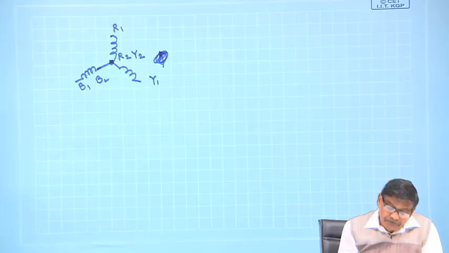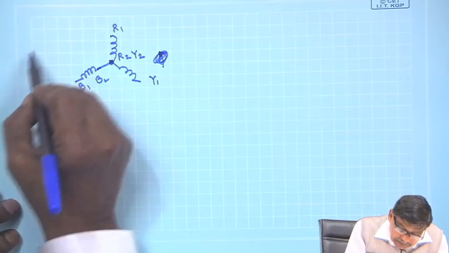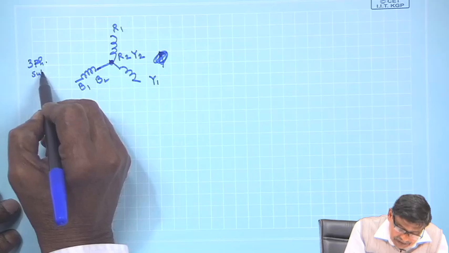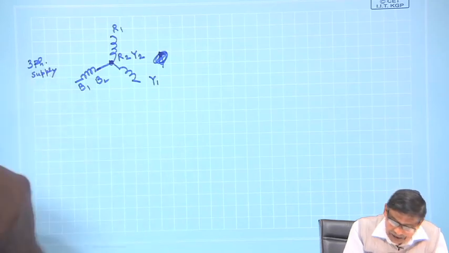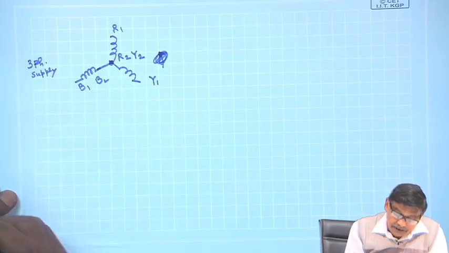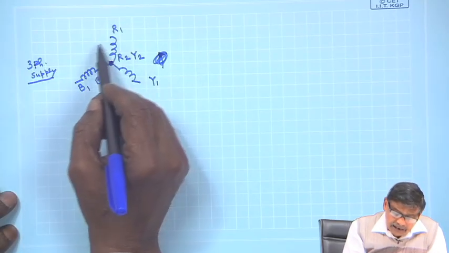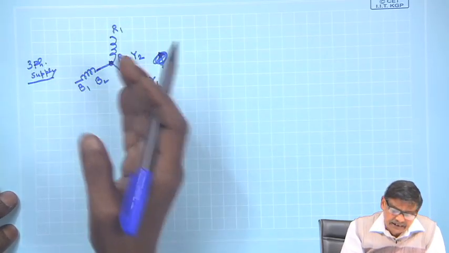Now, if you have a 3 phase supply, please do not miss any point when I am telling this, this is very important. If you have a balanced 3 phase supply, it could be stator or rotor winding.